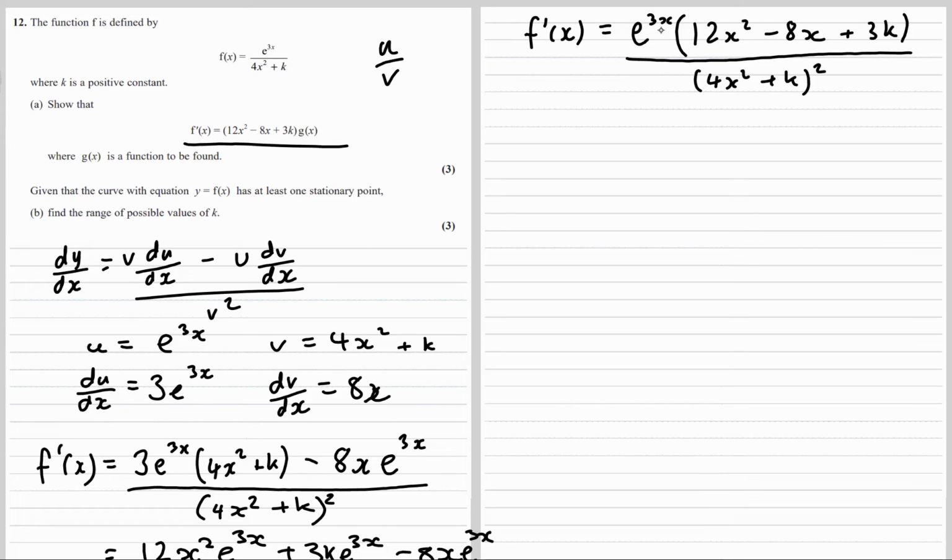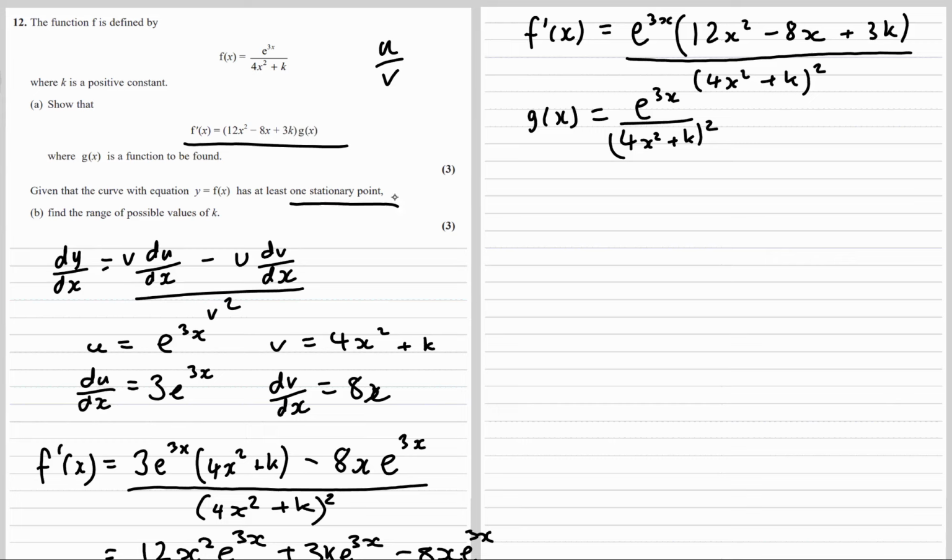So g of x, we can just say g of x is e^(3x) over 4x squared plus k squared. So it's in the right form. It's 12x squared minus 8x plus 3k times by another function. So that's done.